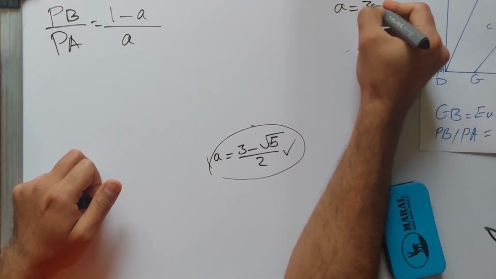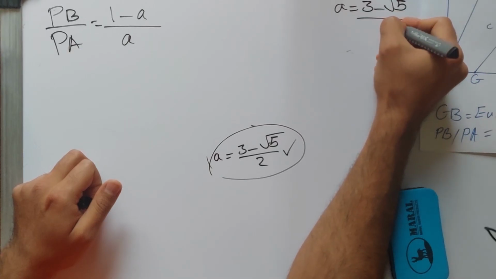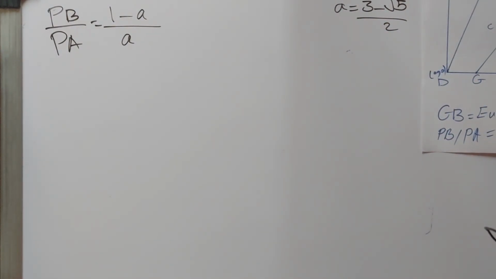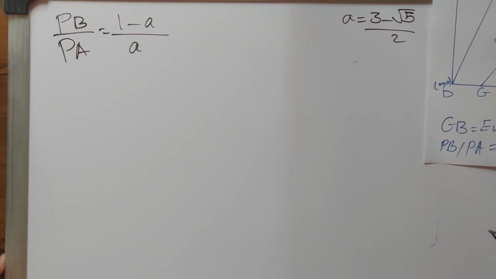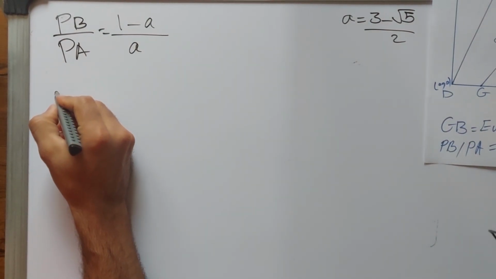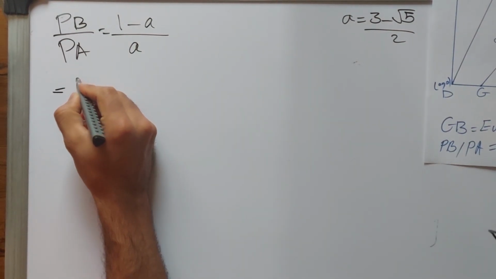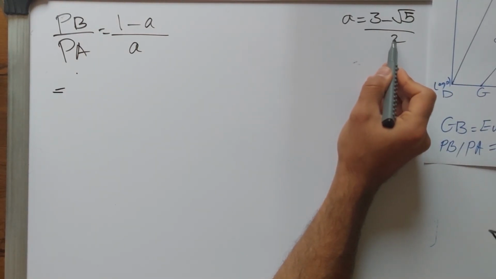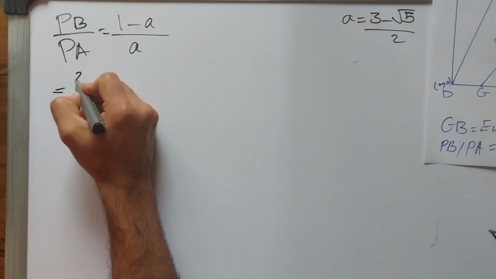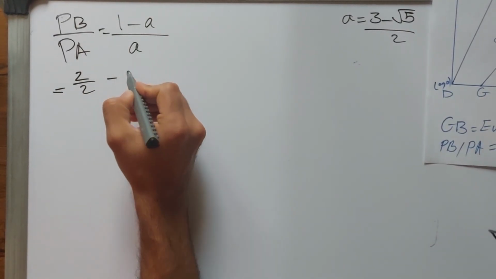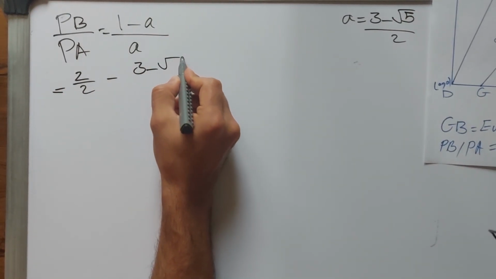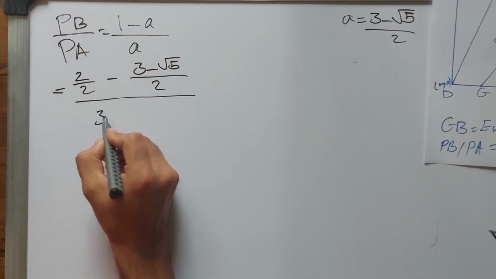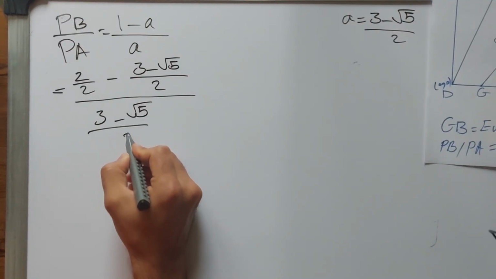A equals 3 minus square root of 5 over 2. So now let's just substitute. 1 minus A. Because the denominator here is 2, let's write it down as 2 over 2 minus 3 minus square root of 5 over 2, over A. So A is 3 minus square root of 5 over 2.